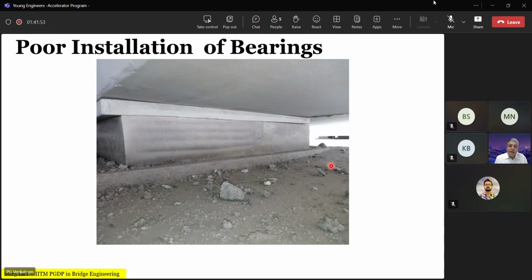Suppose tomorrow I come and grout that gap between the top plate and the bearing. Will you be happy? No, sir. Why? Suppose I had shown you this photograph after sealing that gap. How would you know that this is poorly installed?